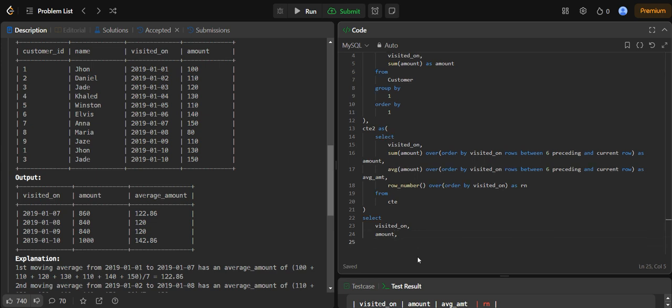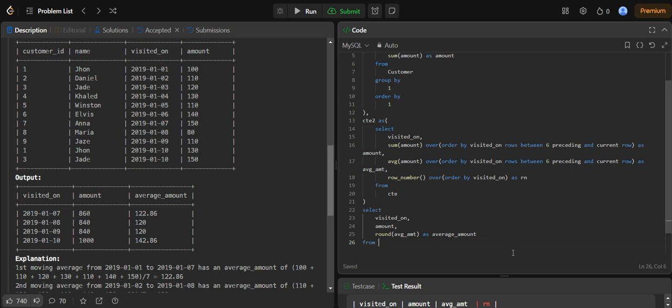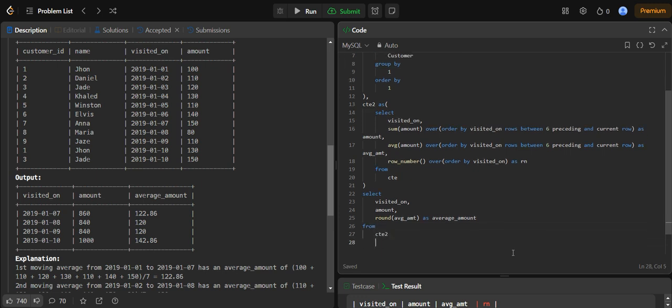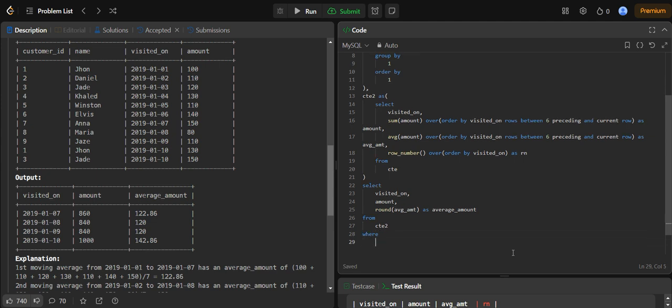I have to round it off, because in this query I have not rounded the average amount. So the average amount, and this is all I need from the CTE, where I am writing the filtering condition: rn is greater than or equal to 7. This will give me the correct output.